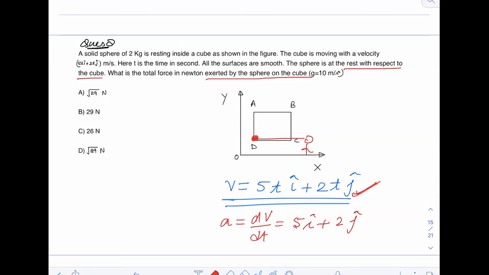See here, it is having a velocity in this direction, an acceleration component 5 in this direction, and vertical acceleration component 2 in this direction. So this 5 and 2 are the accelerations of the cube actually. Now, what will be the acceleration of the sphere with respect to the cube? Can I say it will be in this direction?